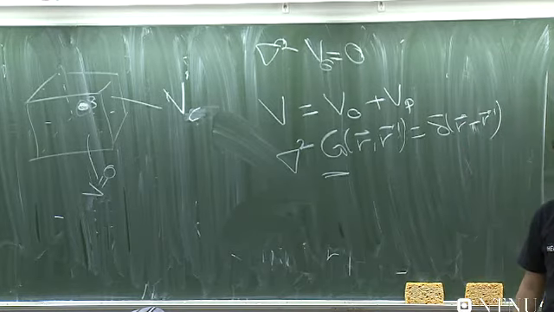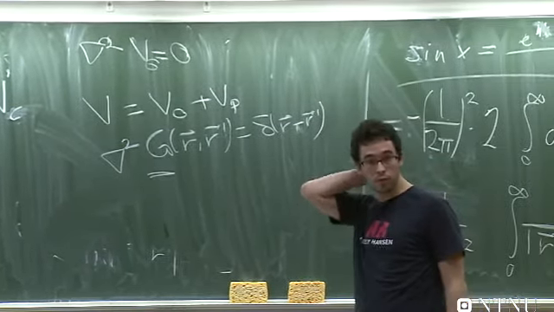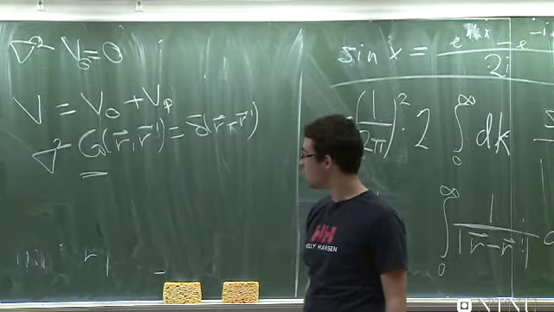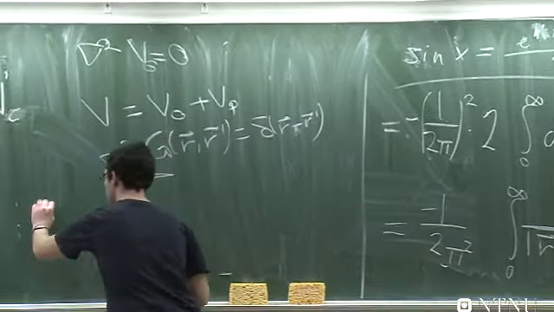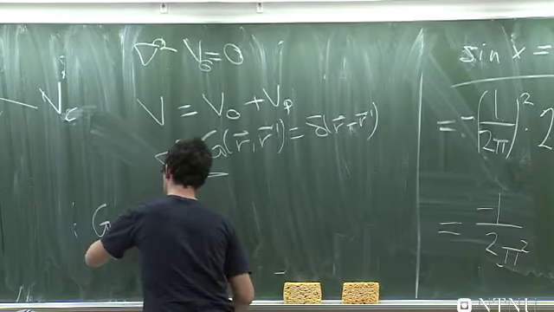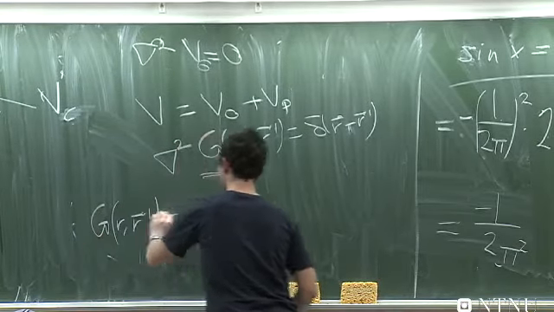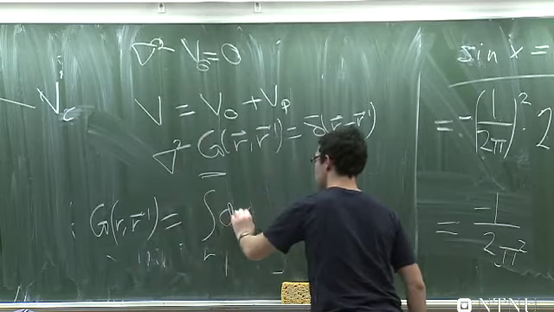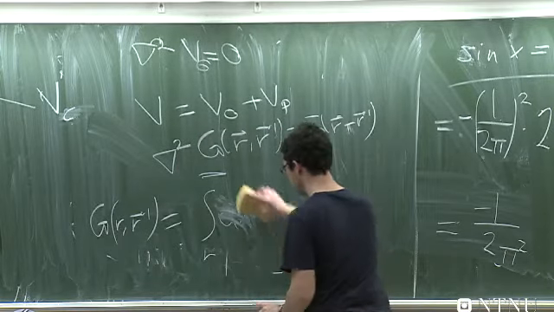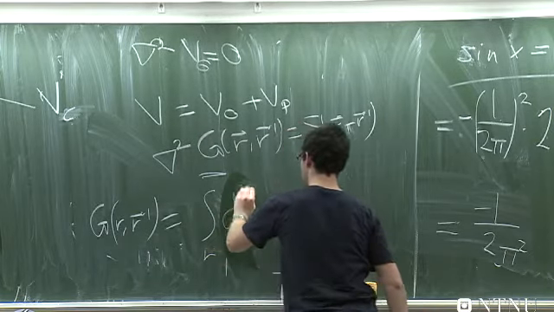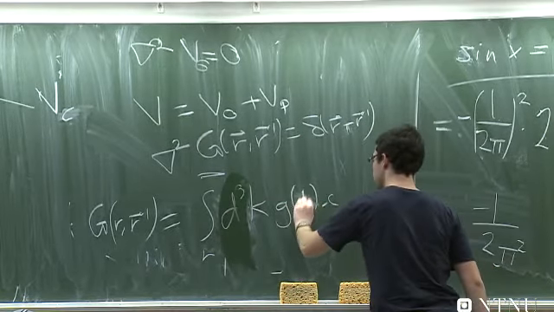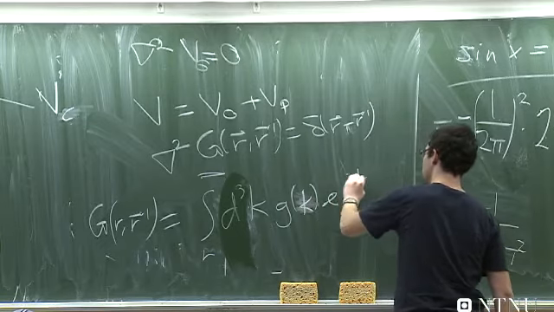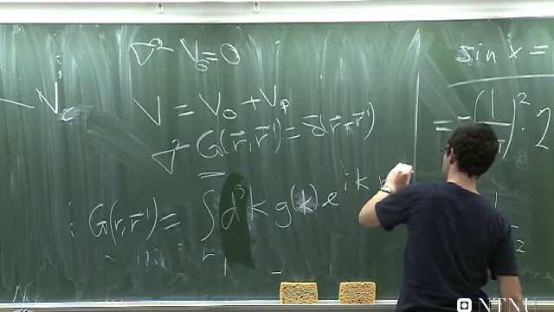Yeah. Will boundary conditions play into the G of k just as in ordinary Fourier? Yeah, because if you change, so let's see, G of R minus R prime is equal to the integral d3k G of k e to the i k dot R minus R prime.